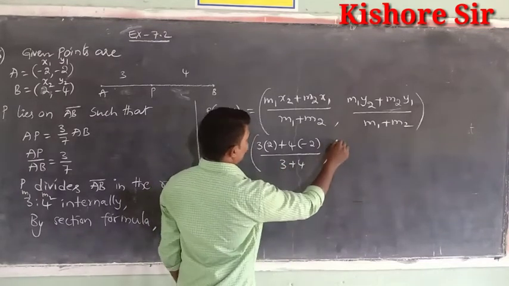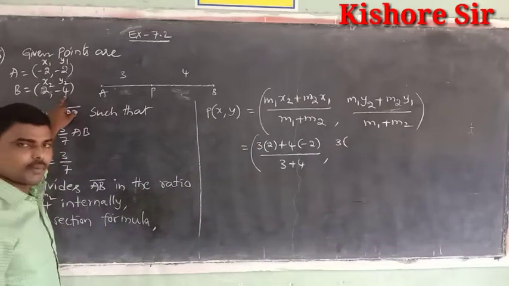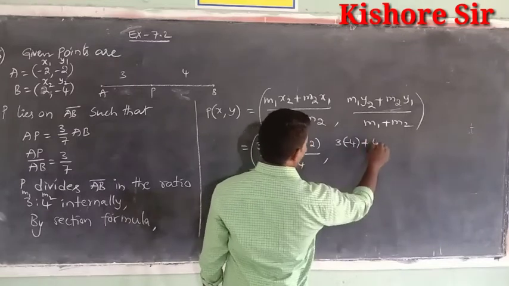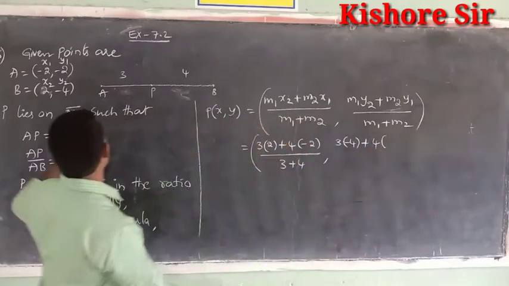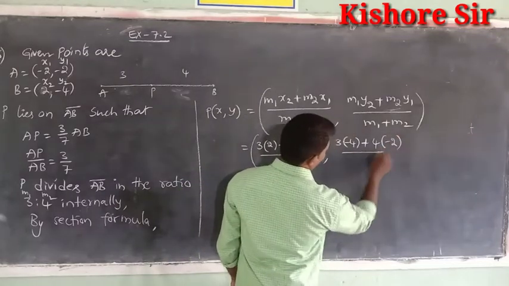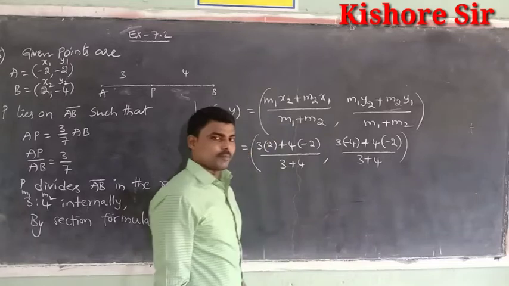Once again m1 3 into y2, the value of y2 is minus 4, plus m2 4 into y1, the value of y1 is minus 2, by 3 plus 4.